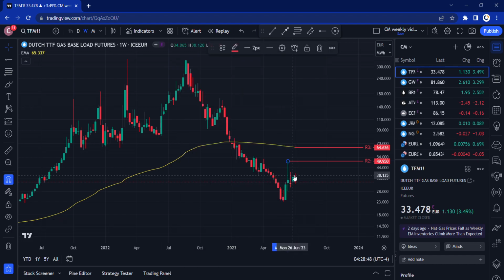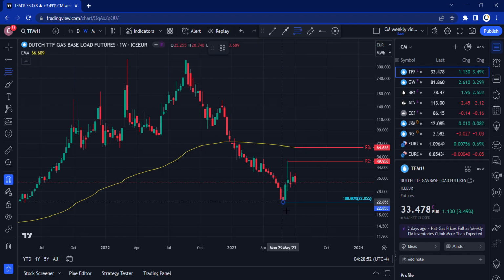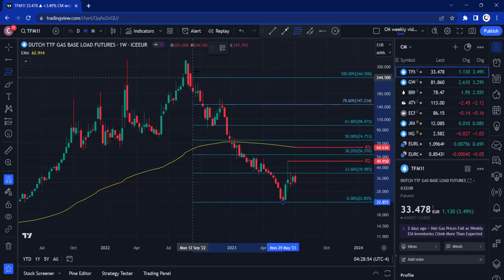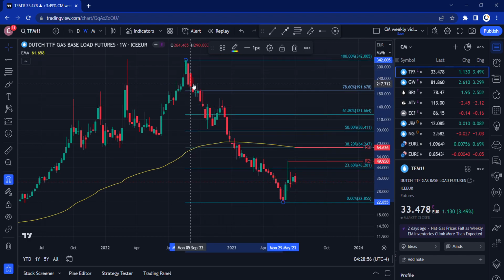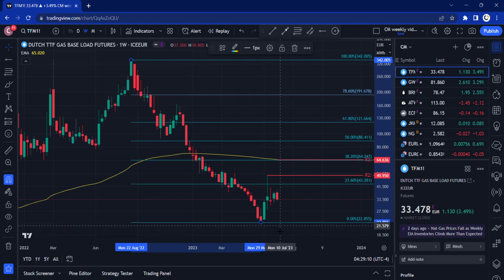The third important resistance level is if you put in some fibs, because you can see we are seeing this midterm downtrend retracing higher. So now we are trying to see how high we can go. We haven't even touched the 23.6% fib retracement yet, which means anything in this area is still considered noise.